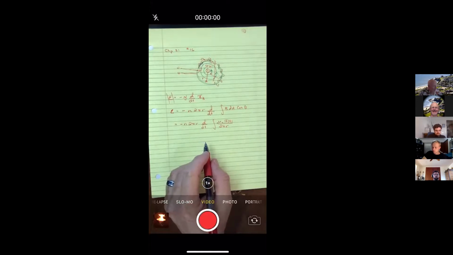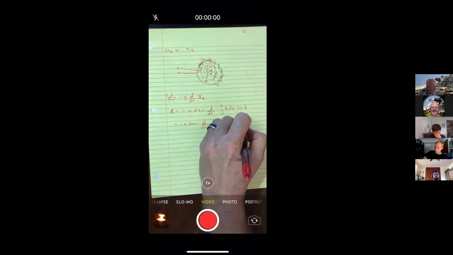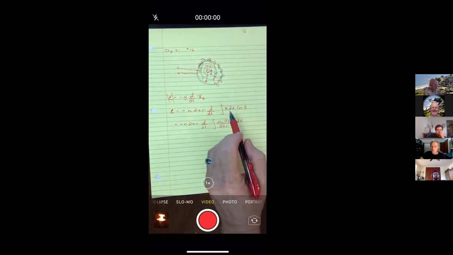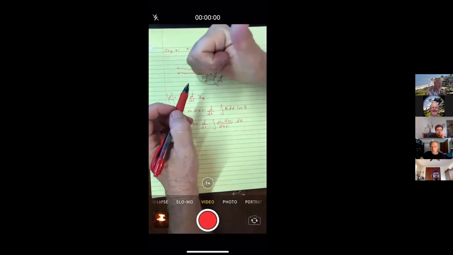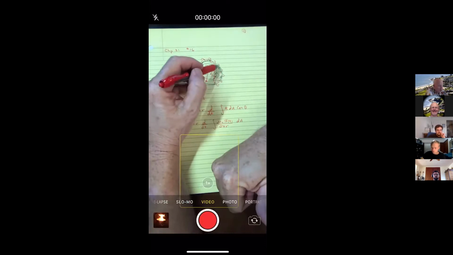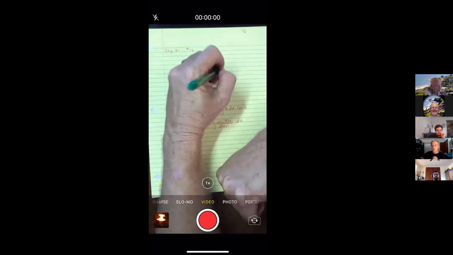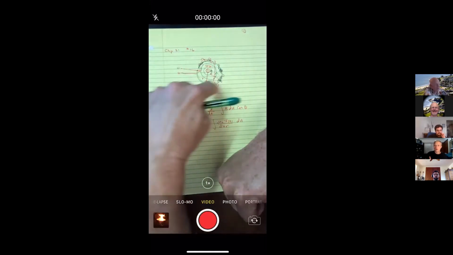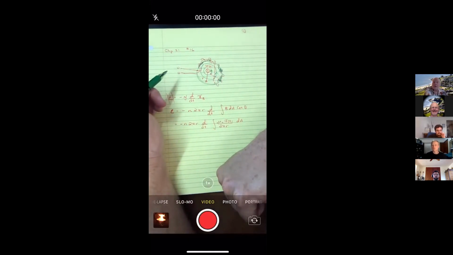And of course I have the dA, but the other part of chapter 30 is I have to know the direction of the field in relationship to the area. So again, coming back to this right-hand rule, I already drew it in this picture, but the arrowheads in green are pointing around in a counterclockwise direction.